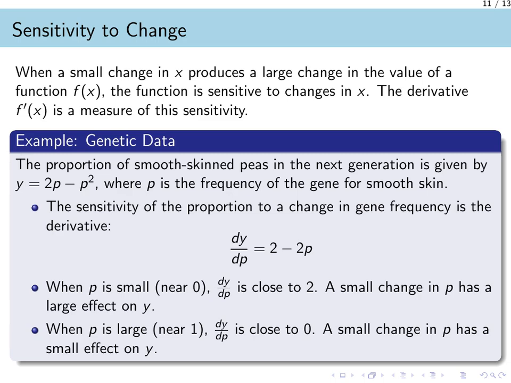When the gene frequency p is small, near 0, the derivative is close to 2, meaning a small increase in the gene's frequency has a large impact. But when p is already large, near 1, the derivative is close to 0, and the same small change has very little effect. So, the magnitude of the derivative tells us how responsive a system is to change at any given point.